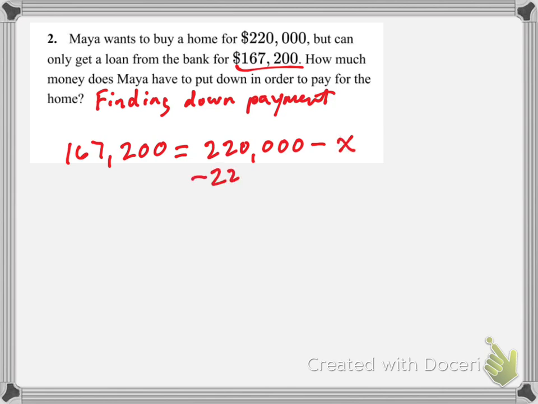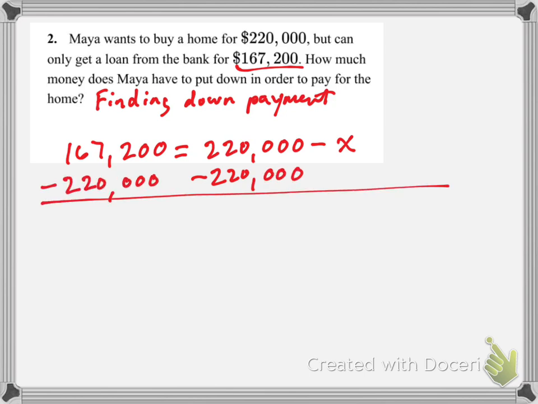So we subtract $220,000 from both sides. So $167,200 minus $220,000. Whoops, I think I might have put an extra zero there. No, yeah, that's fine. $220,000, yeah.